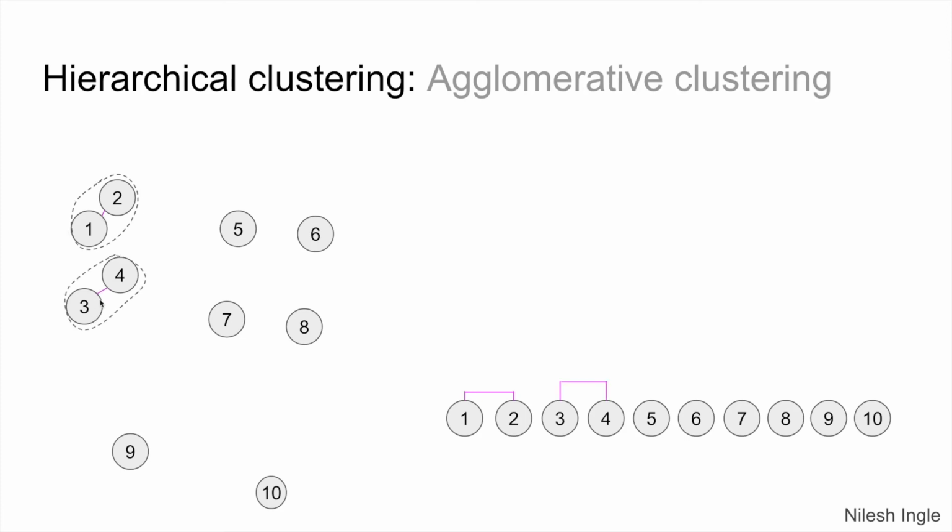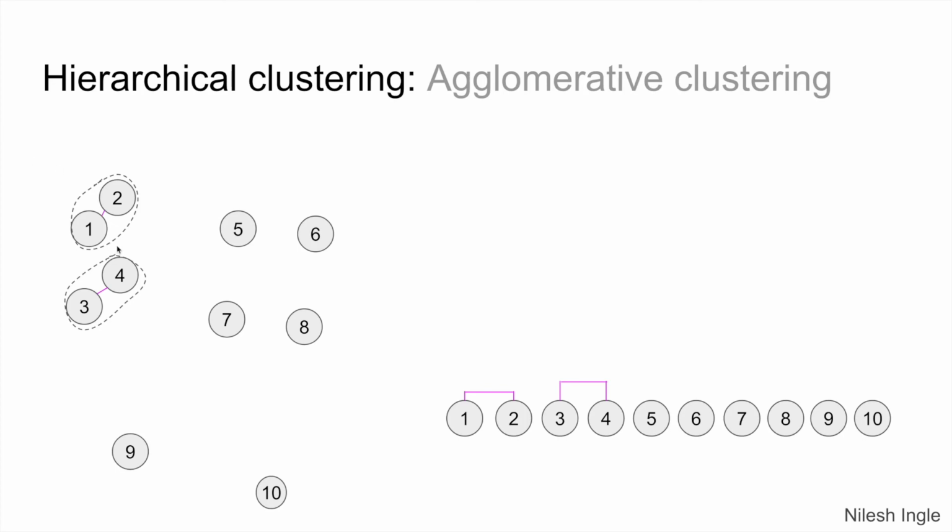Next we connect 3 and 4, so that's what we do here, and so on. Now remember that now we have 1 and 2. After we connect them, it is now considered a cluster. So when we are looking at 1 and 2, we are not looking at them as data points, we are looking at them as a cluster of 2 points.